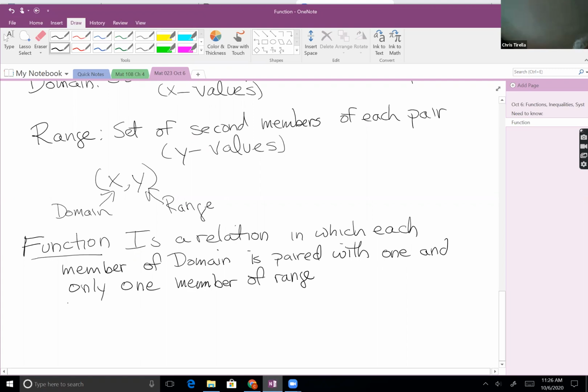That's the formal definition. A lot of people, when they're looking to see if something is a function, see it as each X value, each first member, is only used once. And so I'm going to scroll back and look at those relations that we have and try to decide if it's a function or not.